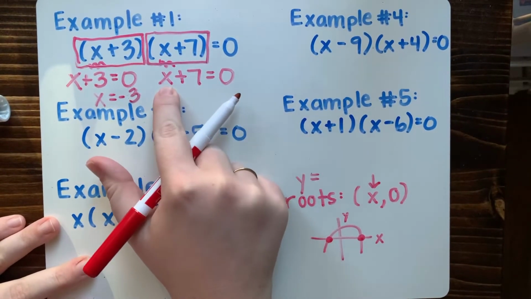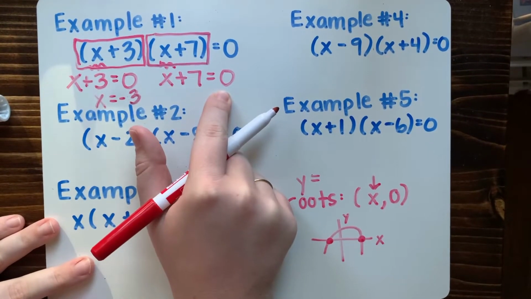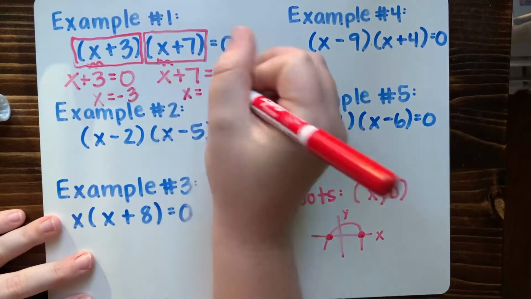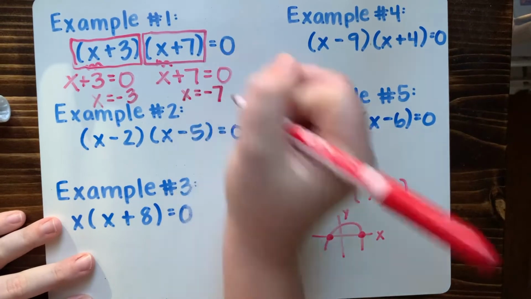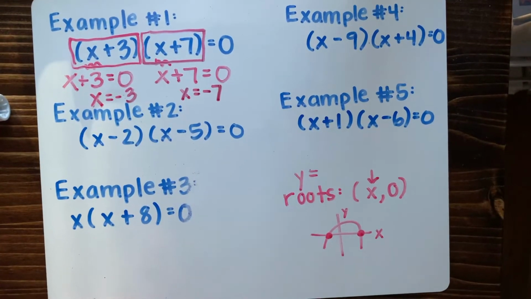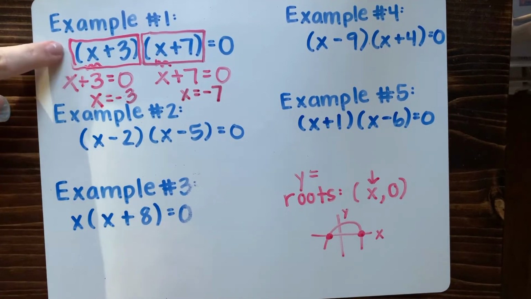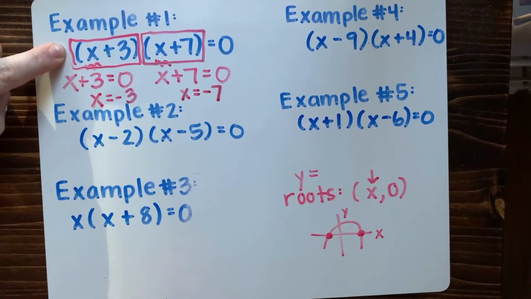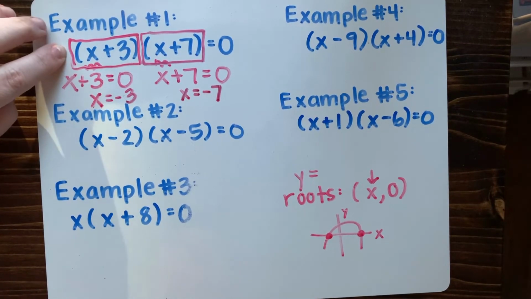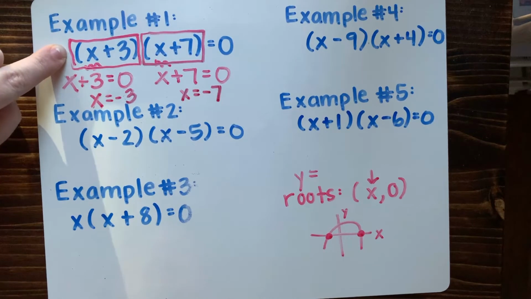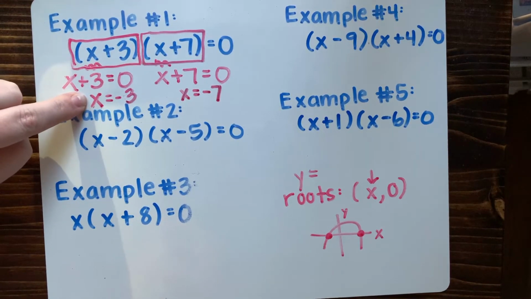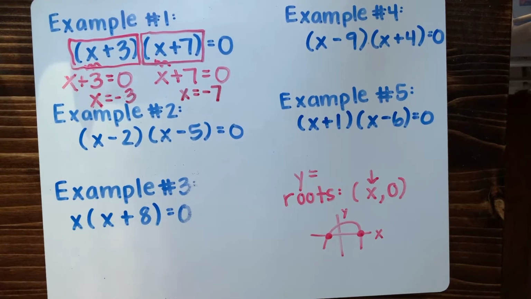What number plus 7 equals 0? Or we can subtract 7 from both sides, and 0 minus 7 would get us -7. So our roots are x equals -3 and x equals -7. If we were to graph this quadratic function, even though it's in factored form, you can type it into Desmos just like you see it here. Our graph would cross the x-axis at -3 and at -7.